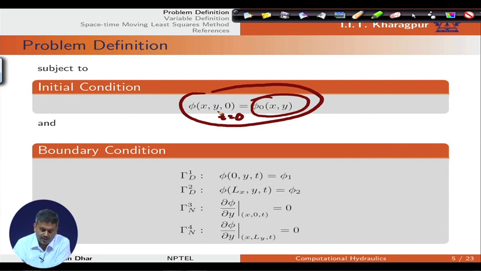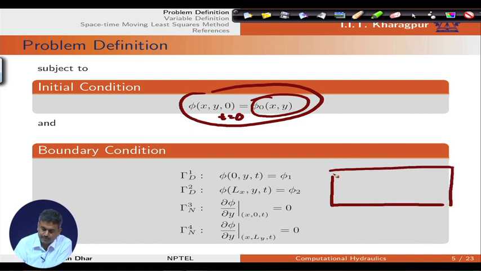For the boundary conditions, on the left side we have a specified boundary, a Dirichlet kind of boundary condition, d1 d2, and on the top we have a Neumann boundary condition, and the bottom also has a Neumann kind of boundary condition.